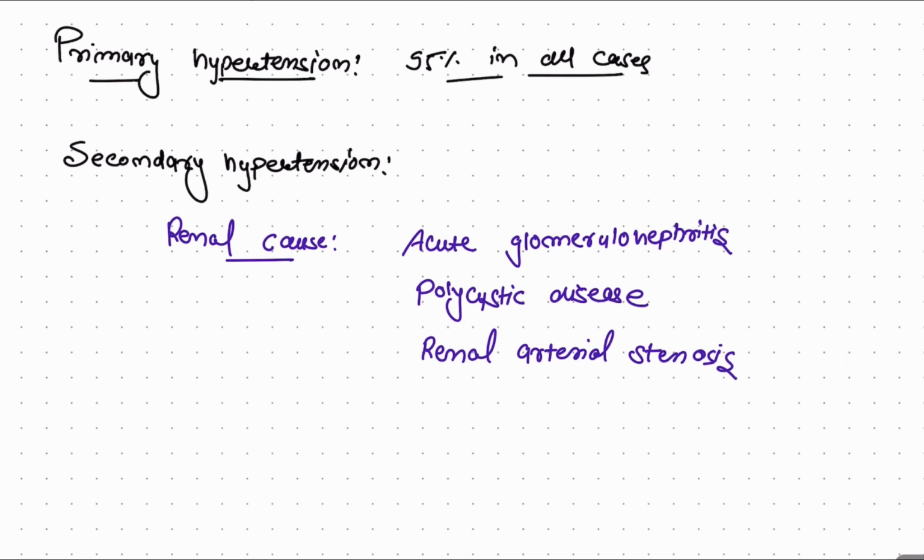Then renin producing cell tumor. Chronic renal disease.